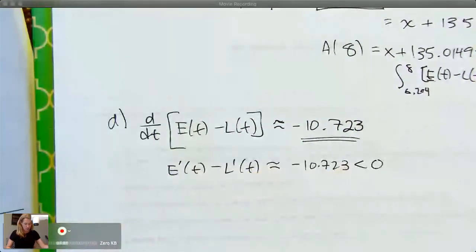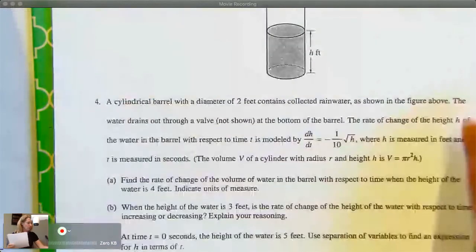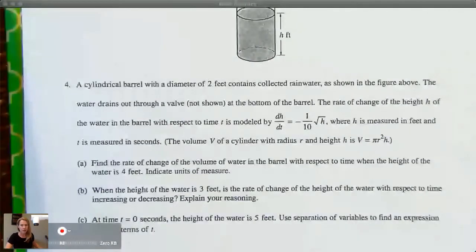All right, let's go forward to problem number 4, which was the next most popular, and this is our related rates problem. The cylindrical barrel. Alrighty. We've got a cylindrical barrel with a diameter of 2 feet, and that is a constant diameter right there of 2 feet.